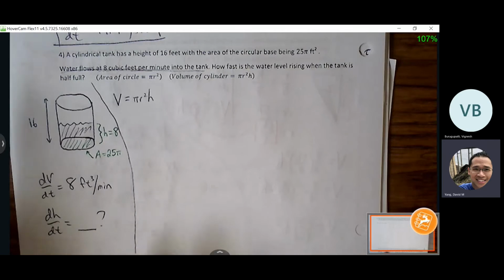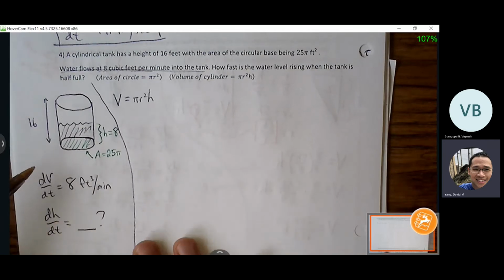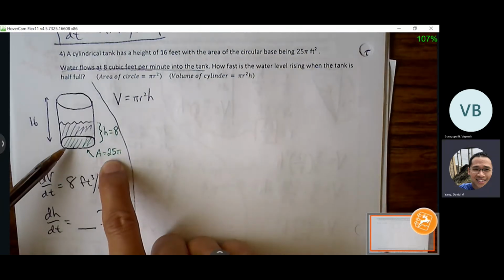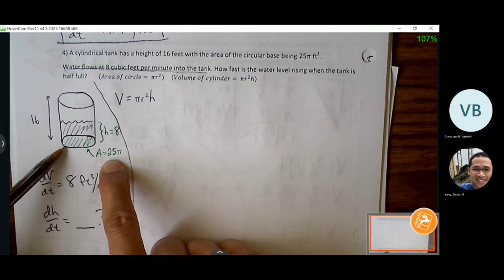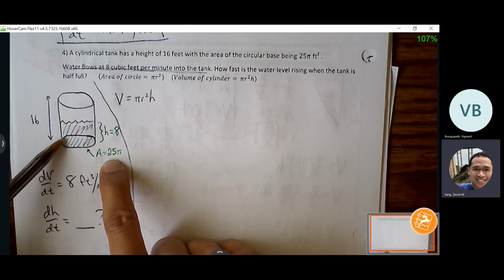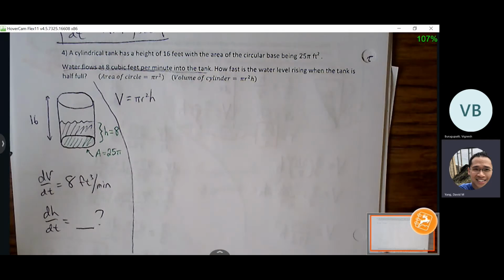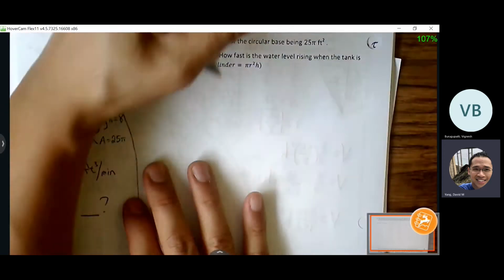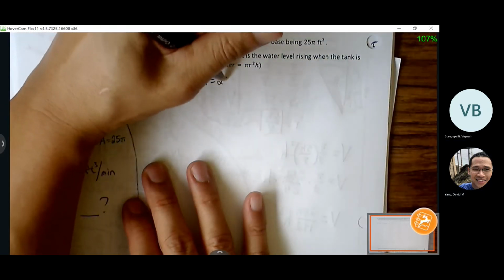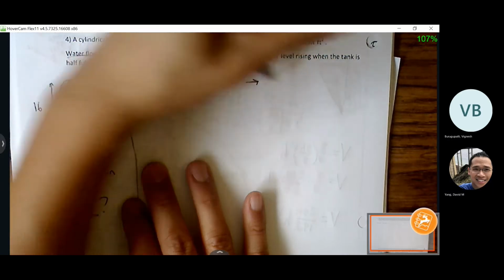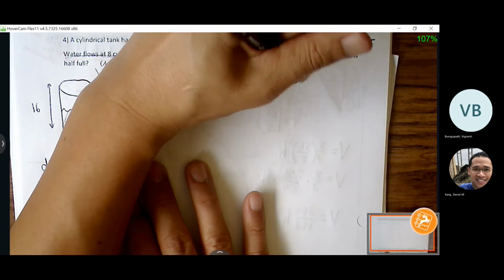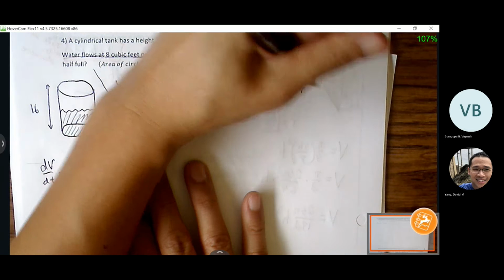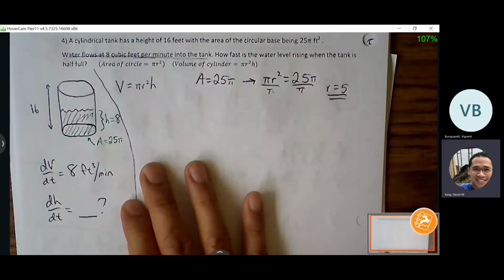Now, they don't give us the radius directly, but is there something related that can help us get to the radius? Right, we have the area of a circle, and we're going to use that to get to the radius that we need. So there is an extra step in this problem. Good.